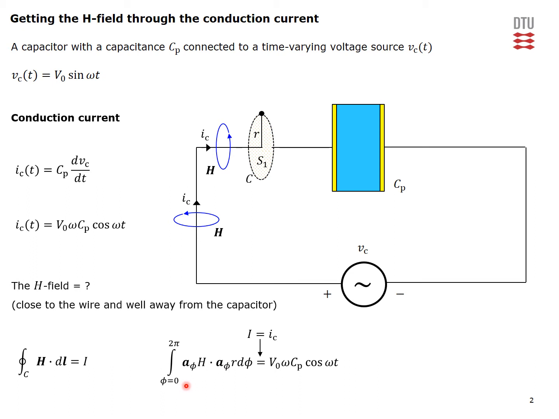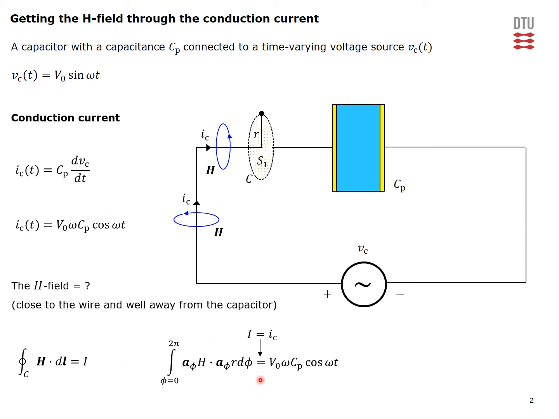As you can see, the angle phi goes from 0 to 2 pi in order to close the loop. The right-hand side is equal to the current flowing through the surface S1, and this is, as stated previously, equal to the conduction current. And this is straightforward to evaluate.